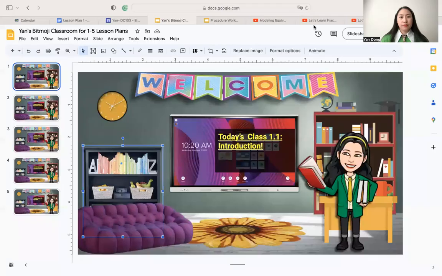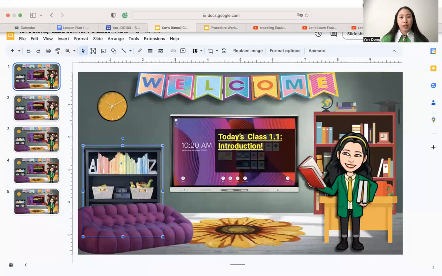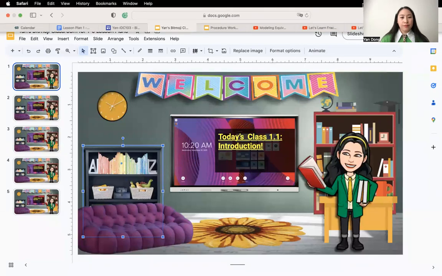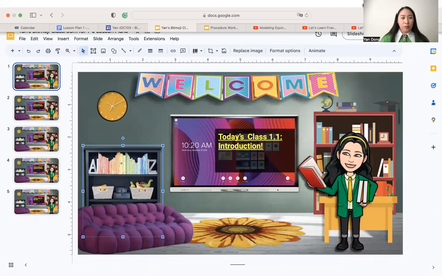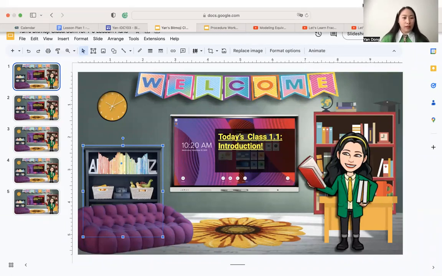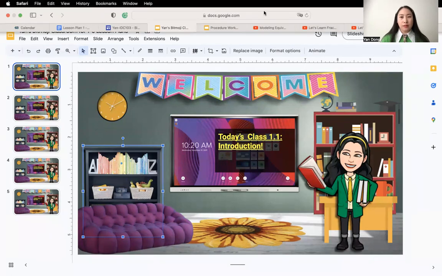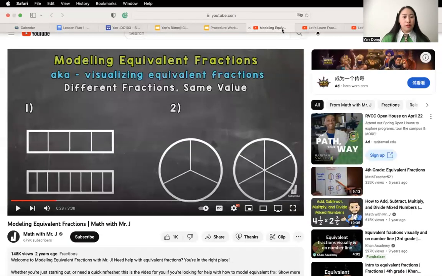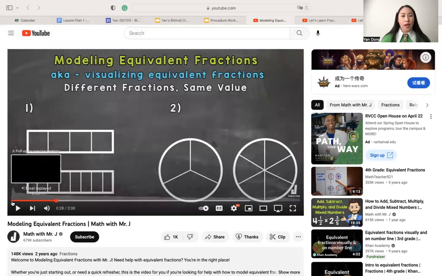Pause and narrow. So maybe you do not understand or are not clear on how to complete the worksheet. Don't worry. Let's see another video and learn what's new about the fractions.